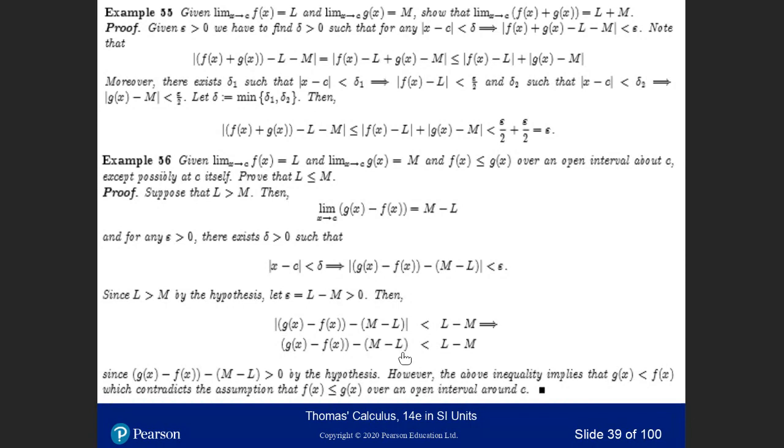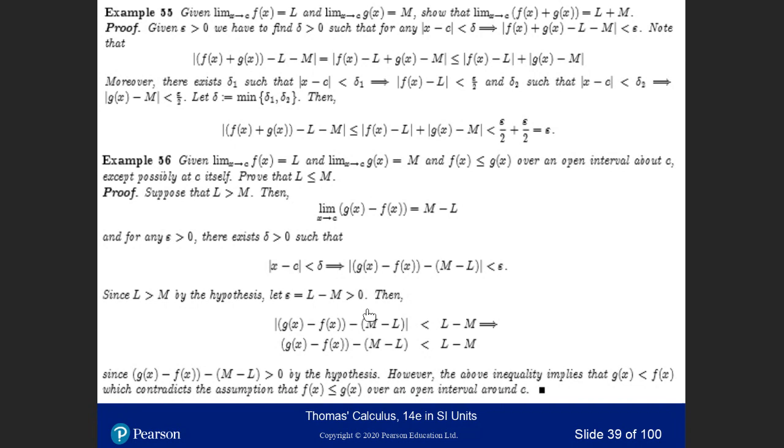Now, as you can see here, the M's cancel out, and the L's cancel out. That tells me g of x must be less than f of x, which contradicts the hypothesis, okay? Because if these cancel out, we have 0 here, and g of x minus f of x is less than 0 if I choose epsilon as L minus M.